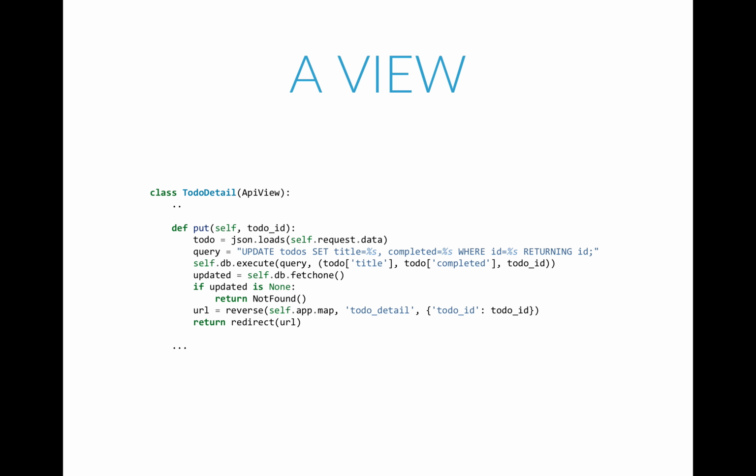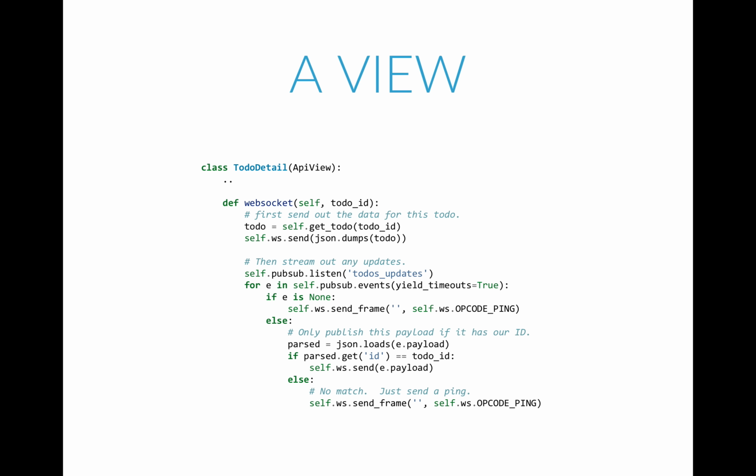A put looks like this. As I mentioned, we're using raw SQL, so we just take the data as it came in, parse the JSON, use it to update the item being referenced, and in case the ID changed, we return a redirect to the new thing.